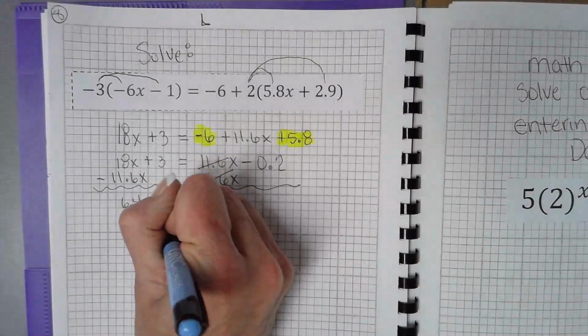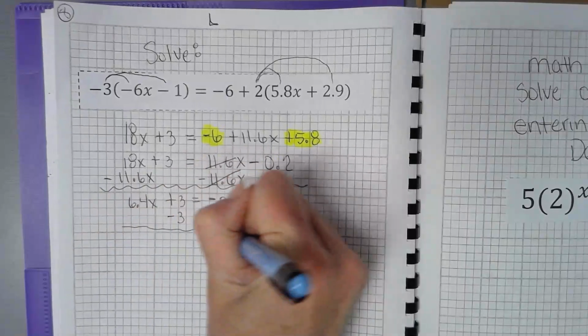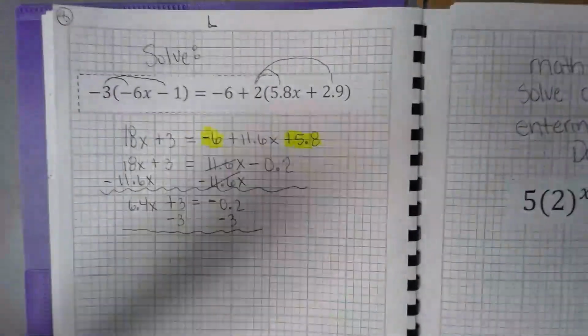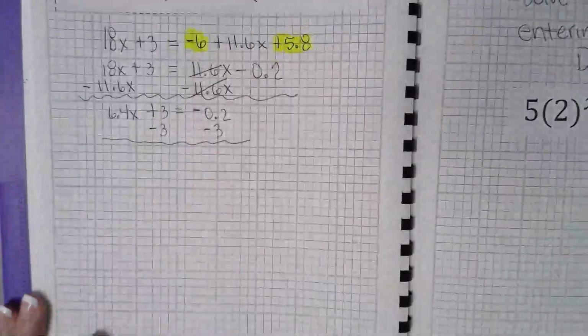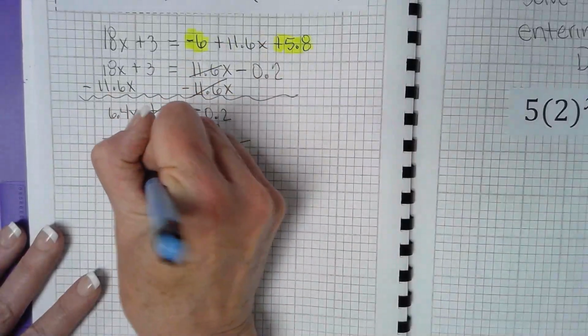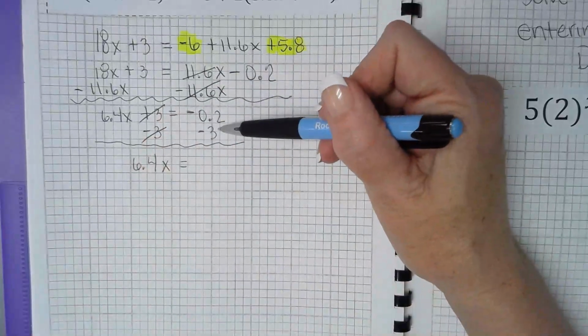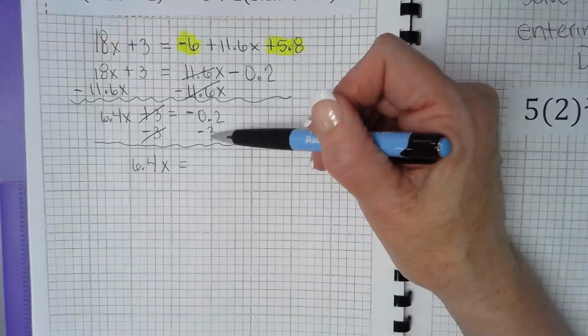Subtract 3 on both sides. So I'm going to bring down the 6.4x. Bring down my equal sign, and now I can put this in the calculator. Negative 0.2 minus 3.